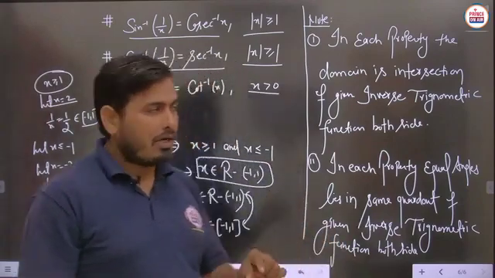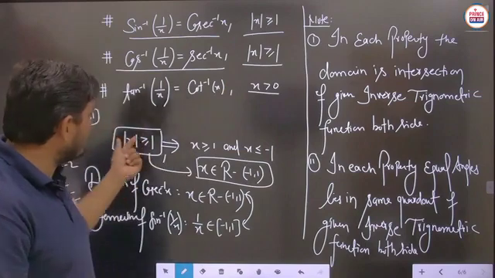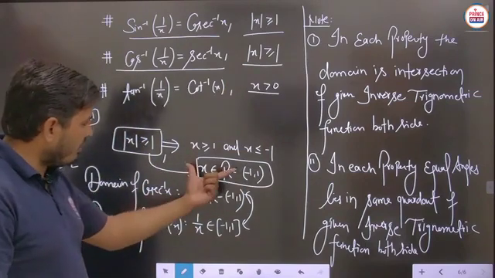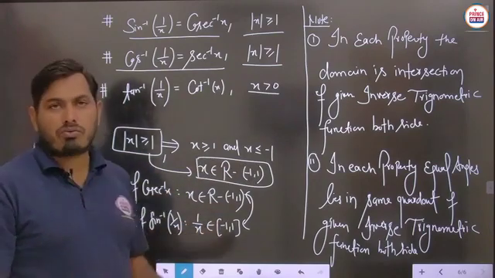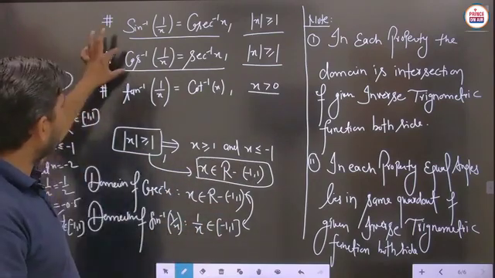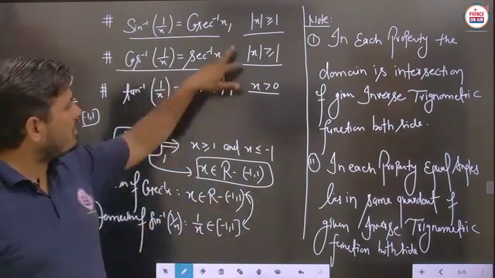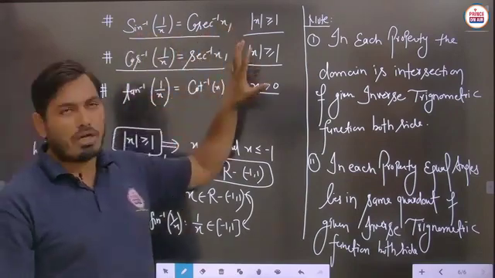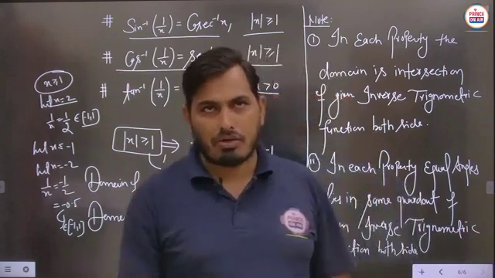So if we take any value in this interval, then 1 upon x will belong to minus 1 to 1, and the domain of this cos inverse x will be minus 1 to 1. So again both conditions are similarly defined here, and you can say that both conditions are satisfied with the given conditions. Is it clear?